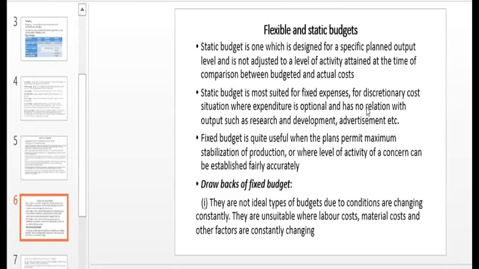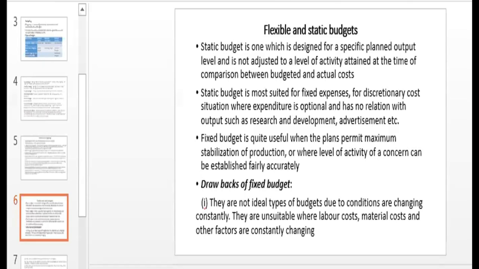Comparison is normally done for the flexible budgets, because they are the annual budgets, and we do comparison probably at some point at the end of the financial year to see the actual cost, compare the actual cost against the budgeted cost, so that if there are any variances, we look into them. So this is actually the static budgets.